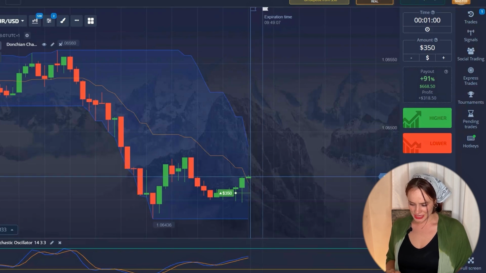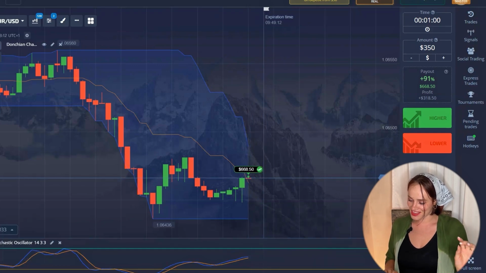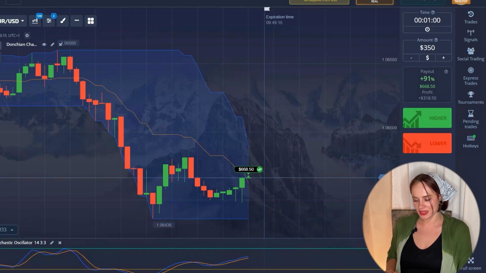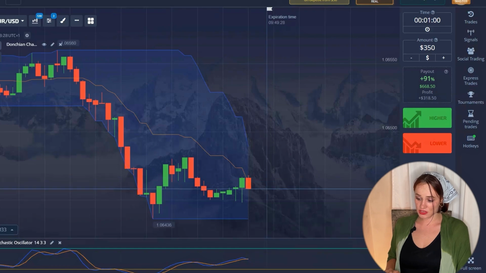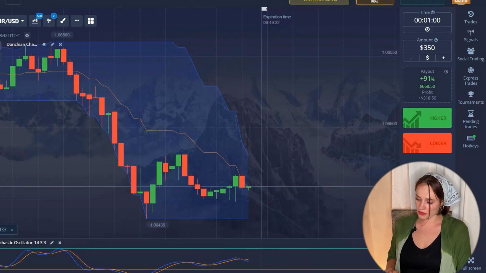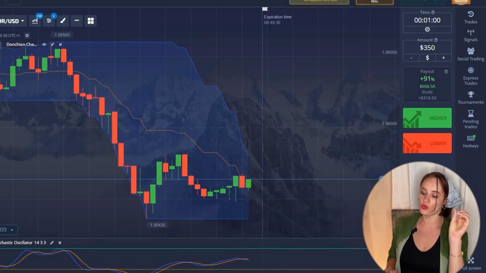The transaction is being completed, and we're increasing the balance by $318.5 again. So everything is going as we expect, although with little worries.